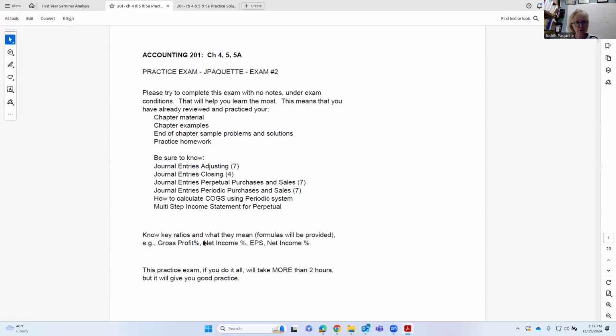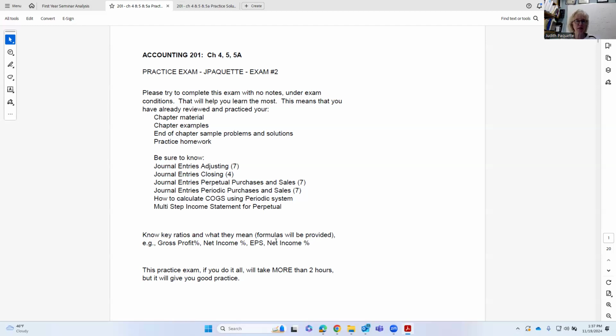Know what gross profit means, earnings per share, net income percent. What is the formula for earnings per share? I will provide the number. You just need to know what it means. So earnings per share is where you look at net income minus preferred dividends, and you divide it by average shares outstanding.